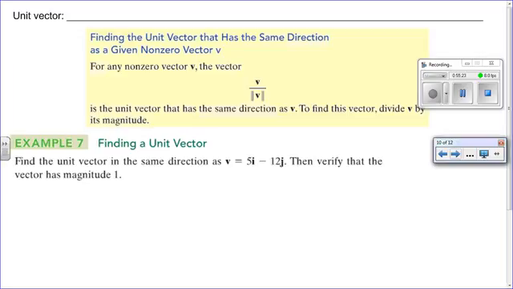Okay. So the unit vector, this one is a vector whose magnitude is equal to 1. All right. So the unit vector is defined to be a vector whose magnitude is 1.